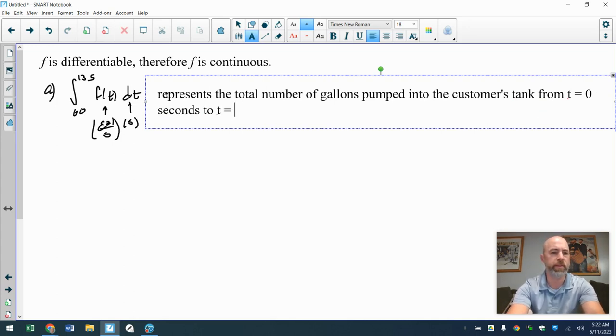Oh, whoa, I need to go back. This is not 0. It's going from 60 to 135. So pay attention to stuff like that. Common mistake. The table goes from 0 to 150, but we're only looking at a small section of it.